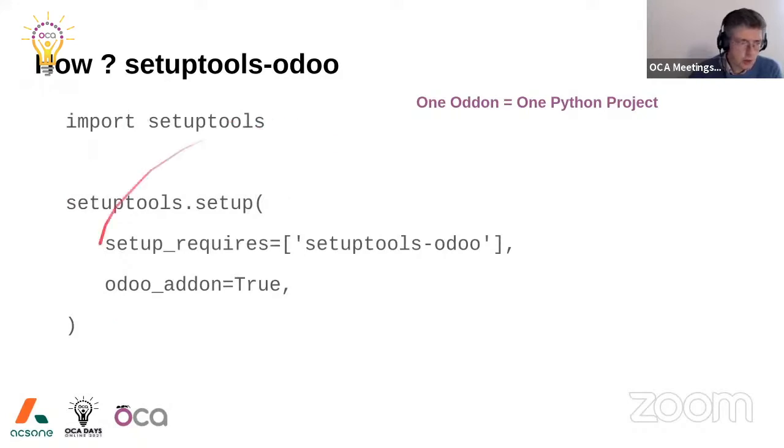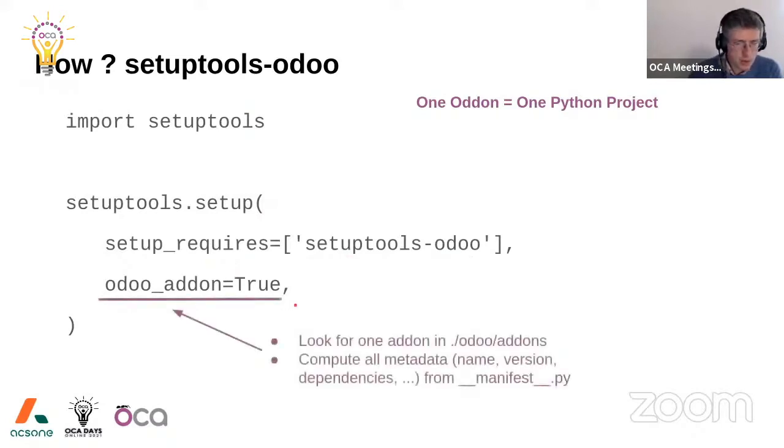If you create a setup.py file, which is one way at least to configure setuptools, you can simply say that you want to use this setuptools extension, and then say that this project is actually an Odoo add-on. What happens with that is that you're basically telling setuptools to look for one add-on in the odoo/addons directory and compute all metadata from the manifest. So it's going to get the name of the package, the version, the dependencies from the manifest of the package.